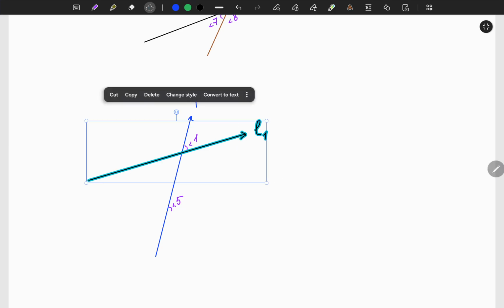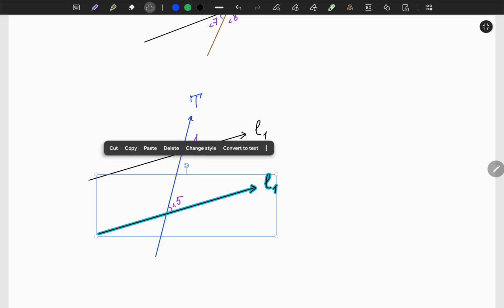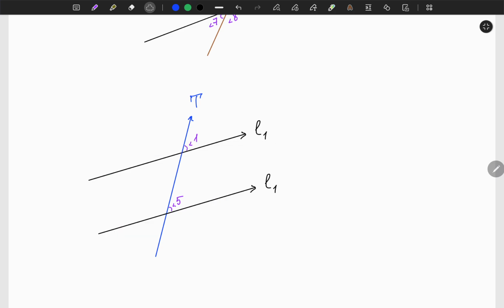So let's suppose these two lines are parallel. Let me copy and paste, so we're not going to lose their being parallel. Now I'm just going to take this line, let me make it line 2 here. I'm going to take line 2 with this angle and move it upwards.